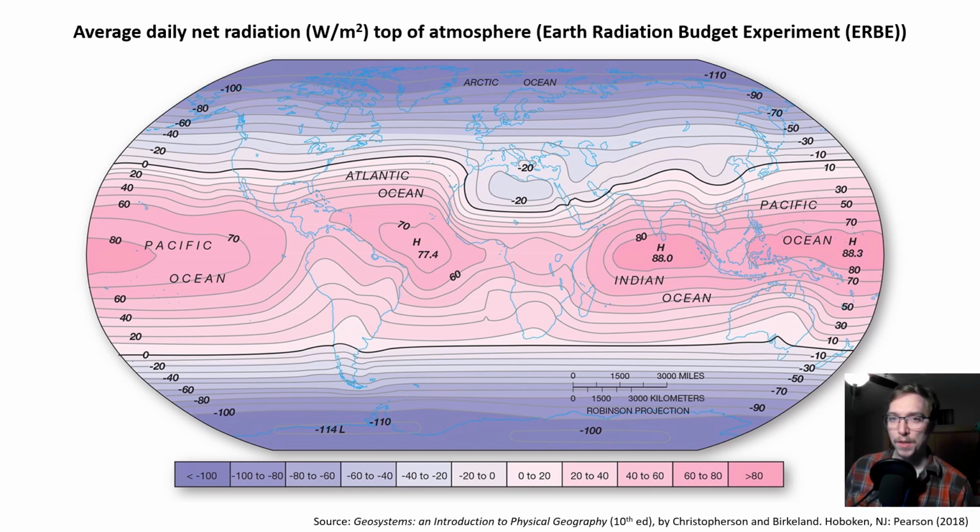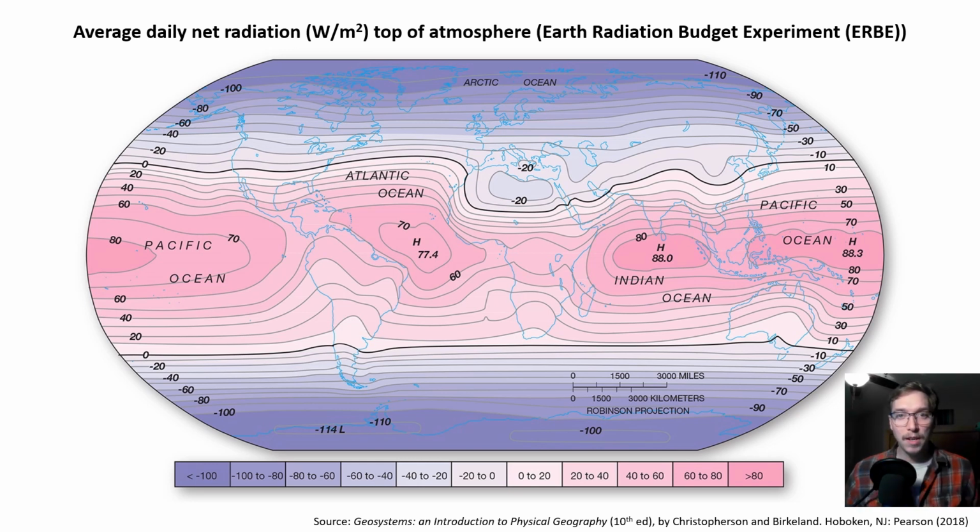There are big surpluses around, for example, the Indian Ocean, where you see 88 watts per meter squared daily, or 88.3 in the Pacific Ocean, and 70 to 77.4 in the mid-Atlantic, between Africa and South America.